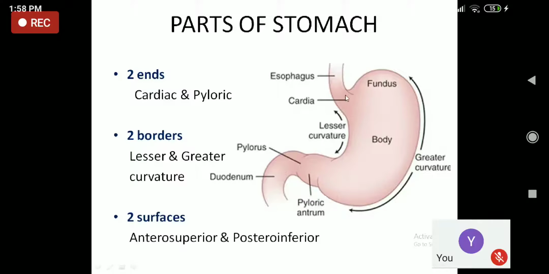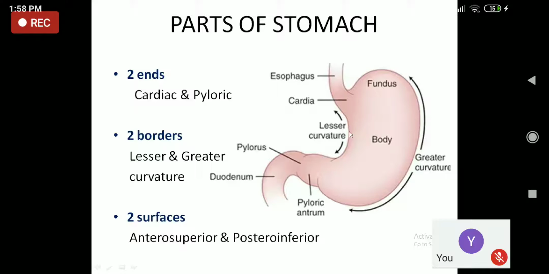Then it consists of two borders. We can see here that one border is smaller compared to the other. The smaller border, present on the right side of the body, is known as the lesser curvature, while the opposite, longer border on the left side of the body is known as the greater curvature.